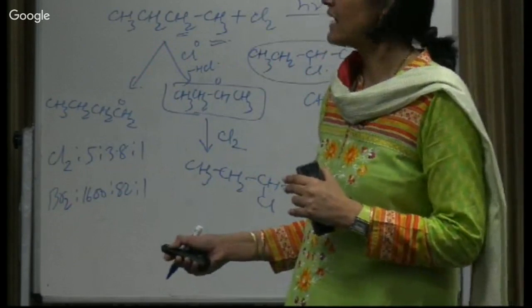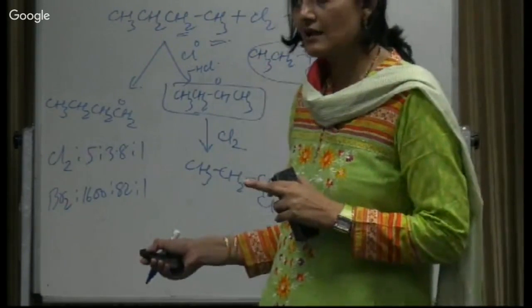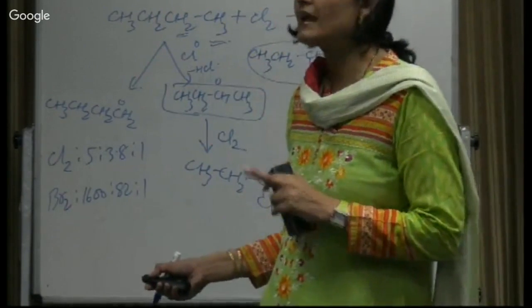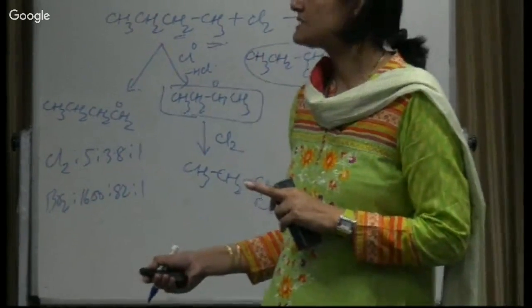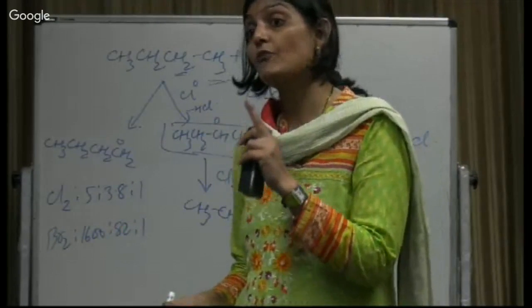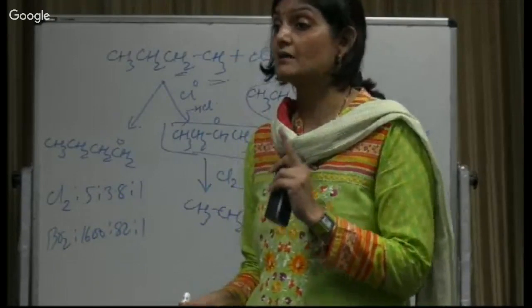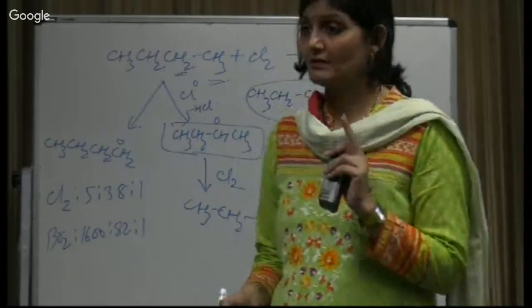Means if I start with hexane, a C6 molecule, I will get benzene. If I start with heptane, which is C7, I will get toluene. And if I start with octane, I will get a mixture of ortho, meta, and para xylenes being formed as the product. All right?